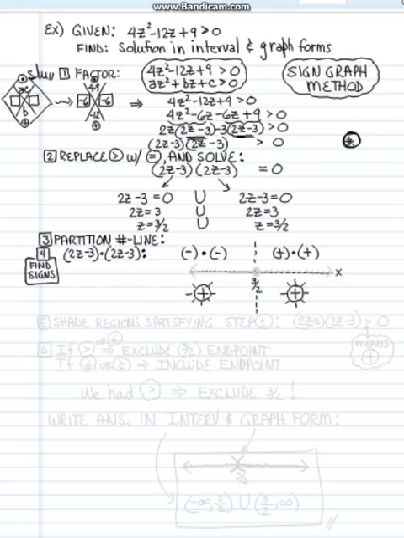Okay, so now we're ready for step 5. Step 5 says, shade the regions that make the inequality in step 1 true. Shade regions satisfying step 1.